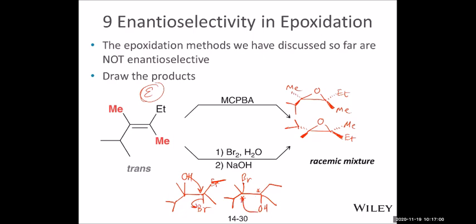This attack that forms the epoxide is still the same, so only one pair of enantiomers, because we add some kind of asymmetry in the structure. So anyway, that's the intermediate. We get two pairs of enantiomers as the halohydrin. But once we add the base to cause the intramolecular substitution reaction, SN2 reaction, we get only one pair of epoxide enantiomers.